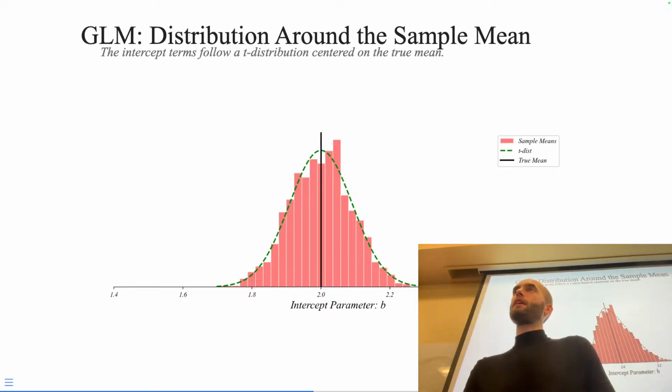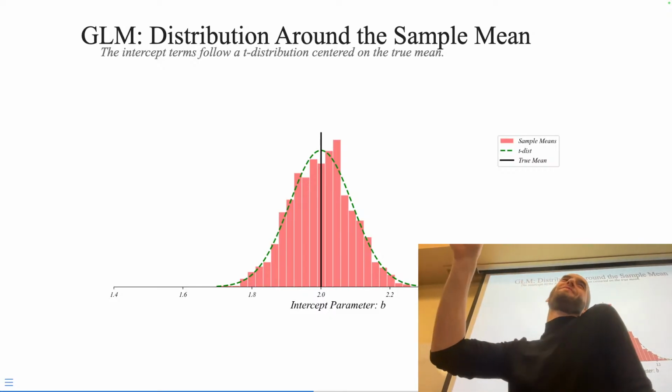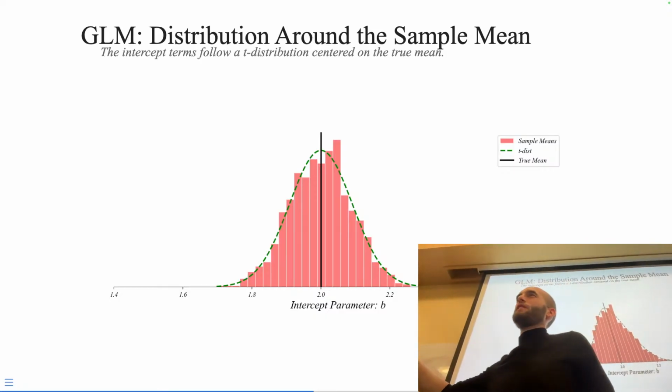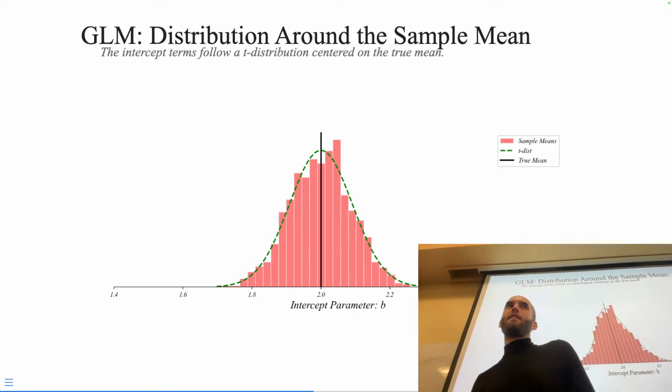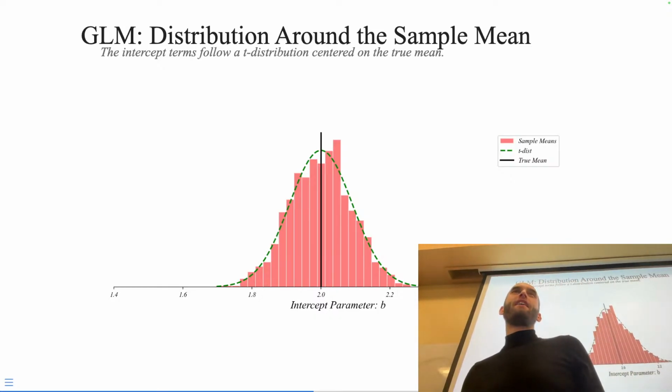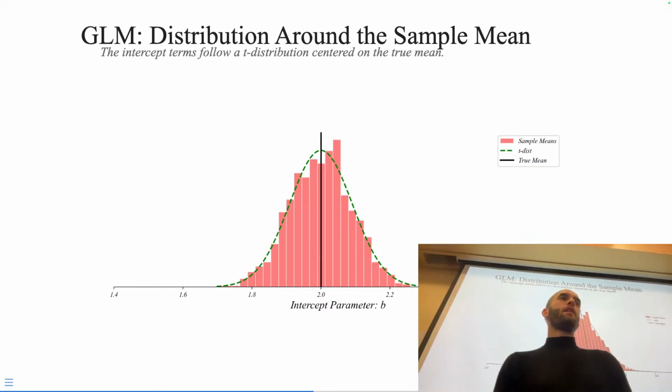Any questions here? So, minimizing the sum of squared errors gives us an intercept that's exactly equal to the sample mean. That intercept term follows a t distribution, or normal distribution if our size is large enough.